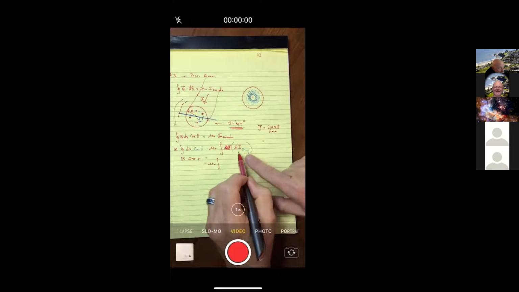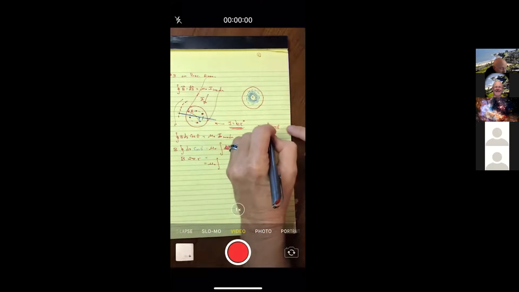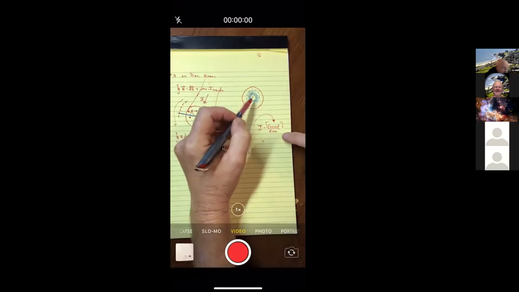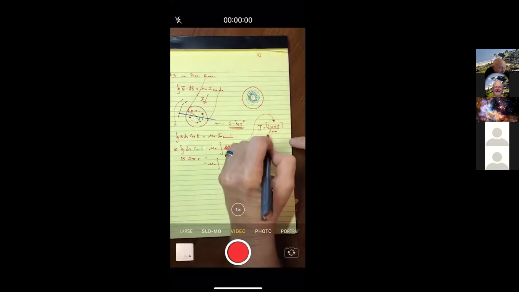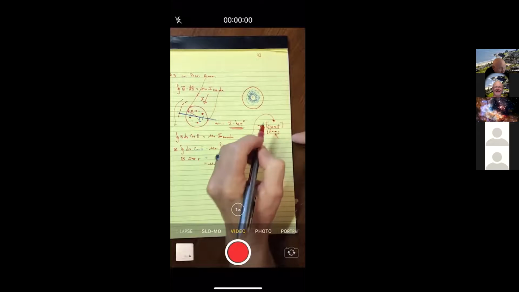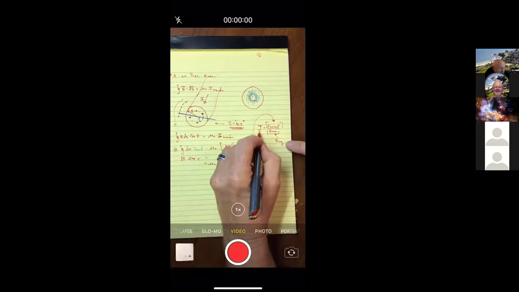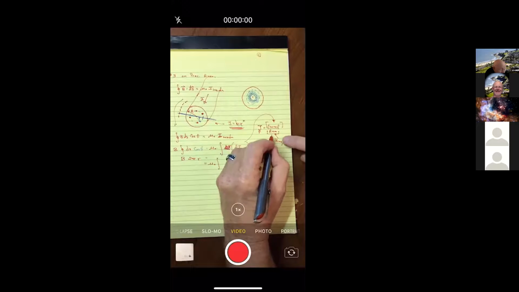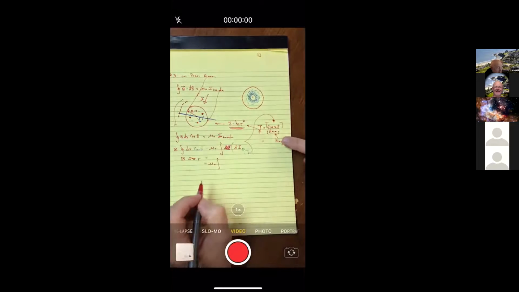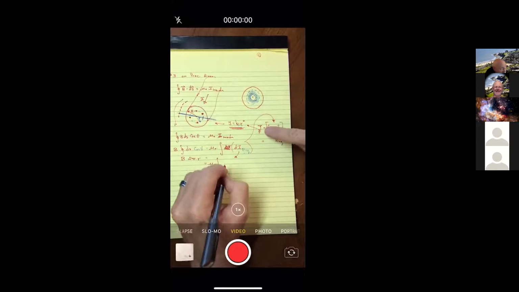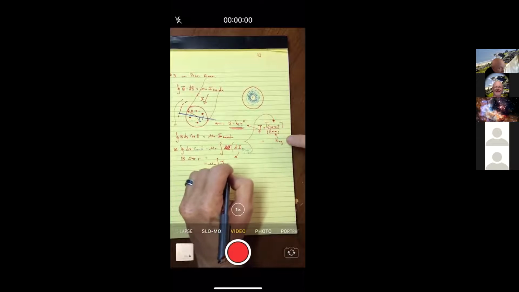So if I'm focusing on this ring, if I want this current here to be the current in one of these rings, then I would want this down here to be the area of a ring, and then this to be the current density of that ring, which is pretty easy to get because that was given to us. So I'm going to replace this right here, the current in a ring, with J and then the area of the ring.